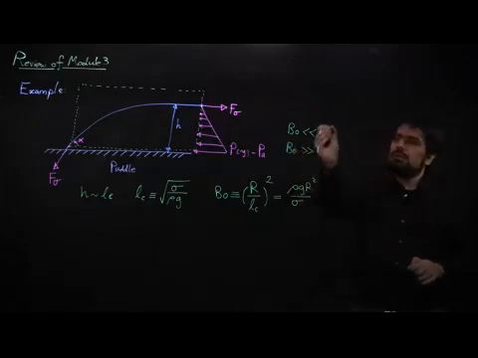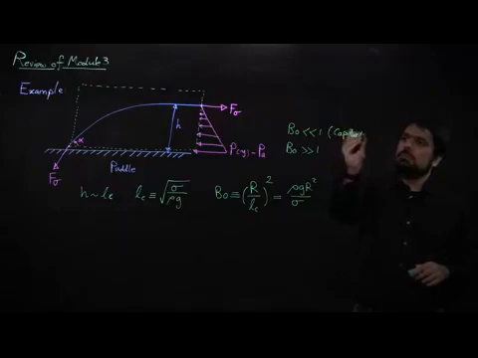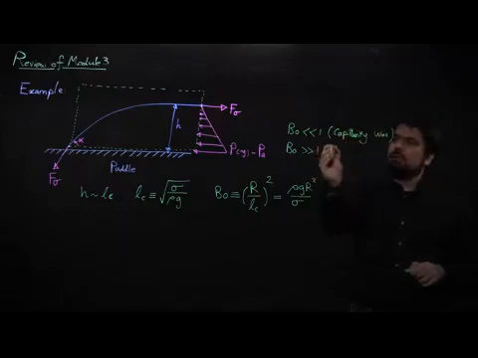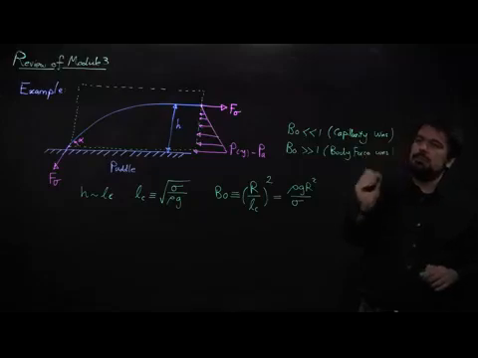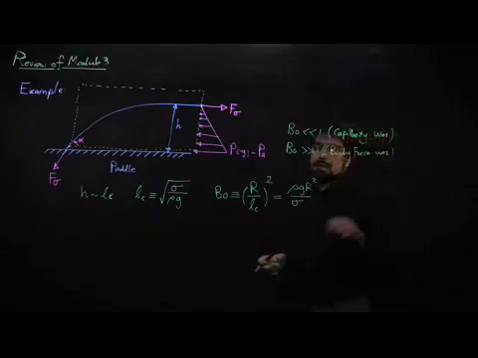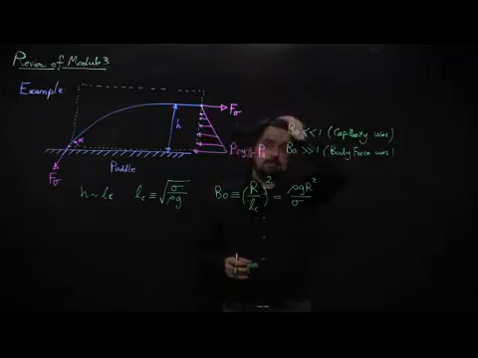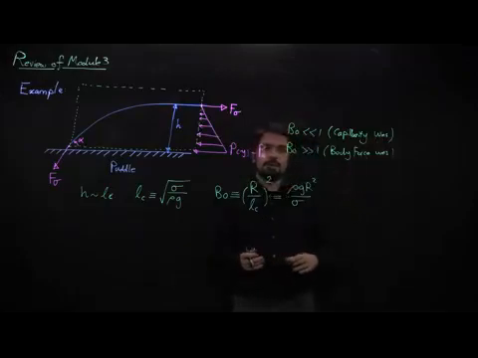And you can clearly see here capillarity wins, and here body forces win when the Bond number is much larger than 1. That's why a water strider can stay on the pool in a very easy manner thanks to surface tension forces, but humans, our weight and our length scale does not allow that to happen.